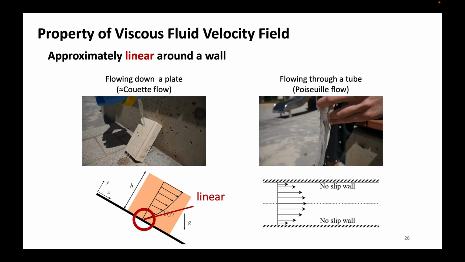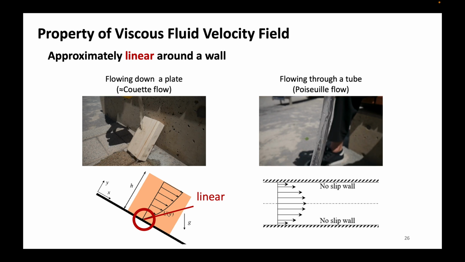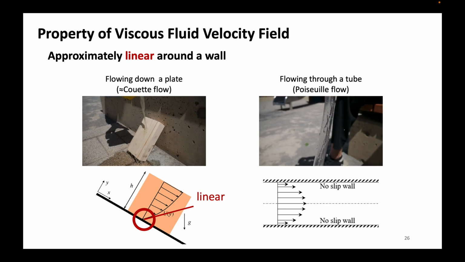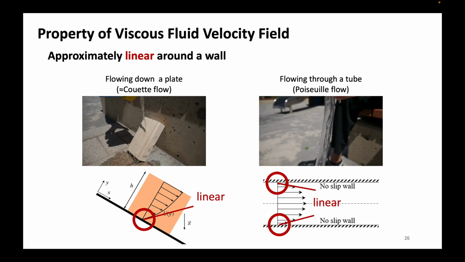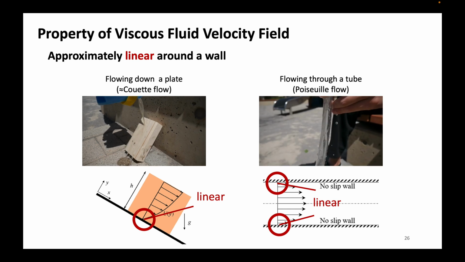The second case is fluid flowing through a tube. The laminar fluid solution called Poiseuille flow takes quadratic profile, where the velocity changes linearly around the wall. Therefore, we want our method to accurately handle the linear field around the wall.